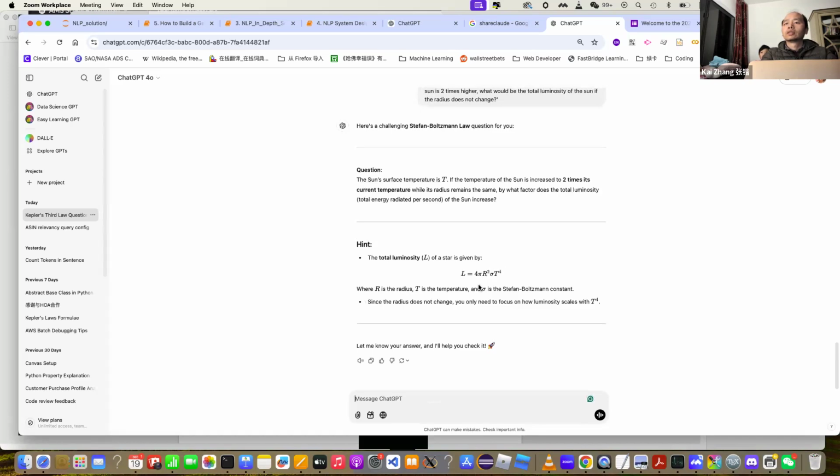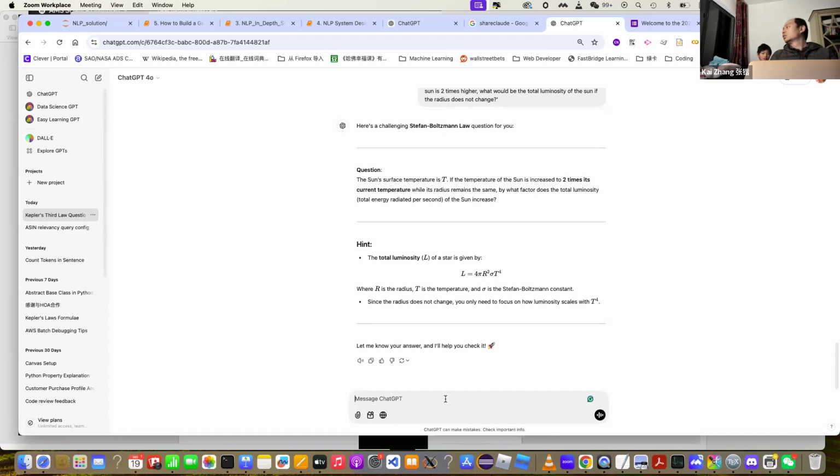So you can see this is a formula that I showed earlier. If it is 2 times hotter, what would be the luminosity change?